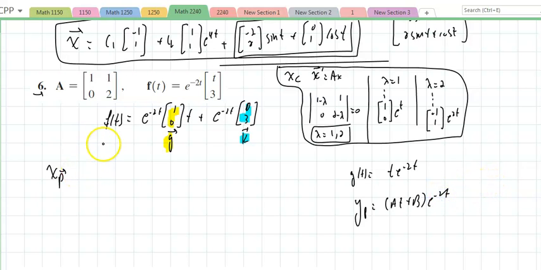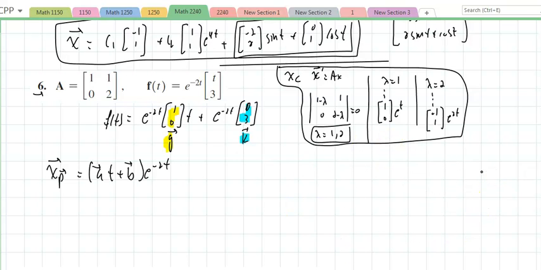I'm going to do the same thing here. This particular x is going to be actually at plus b e to the negative 2t. And basically, I'm going to find a and b, and I'm done.